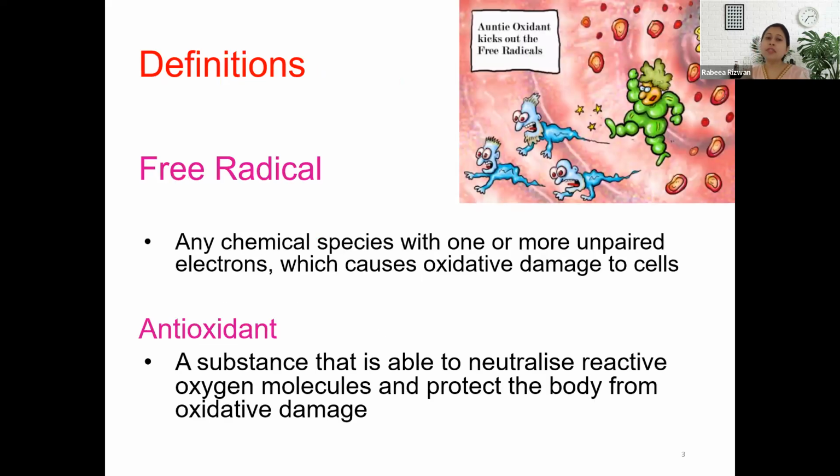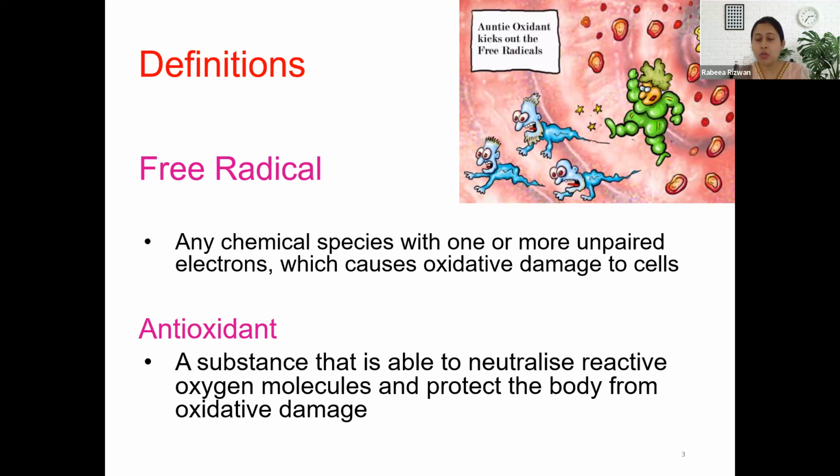First, the recap of the definition: what actually are free radicals? What we discussed in the previous session is that free radicals are atoms or molecules that have one or more unpaired electrons in their atom, and they usually are represented symbolically with a negative ion on it.